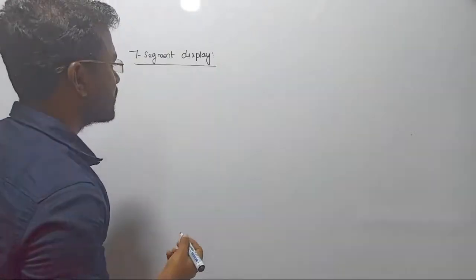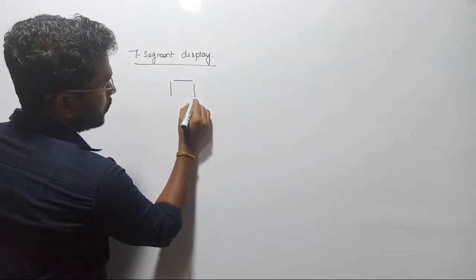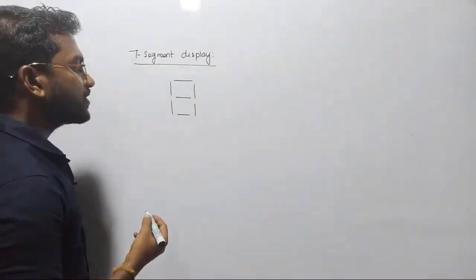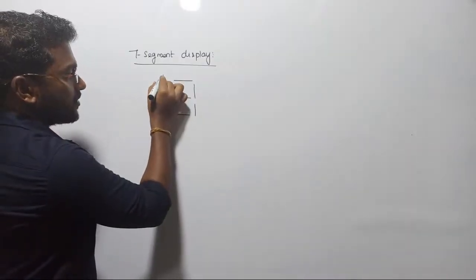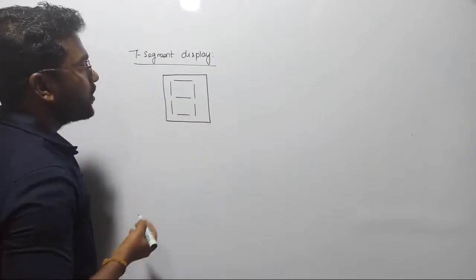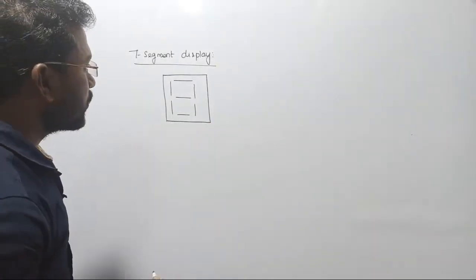That's very simple. 7 segments means we are going to consider 7 segments like 1, 2, 3, 4, 5, 6, 7. That is called a 7-segment display. Let's see how it will work.